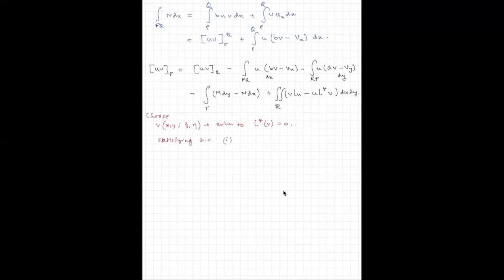One would be v_x is equal to bv when y equal to eta, so that is on PQ. Number two, v_y equal to av when x equal to xi, so that is essentially on PR.